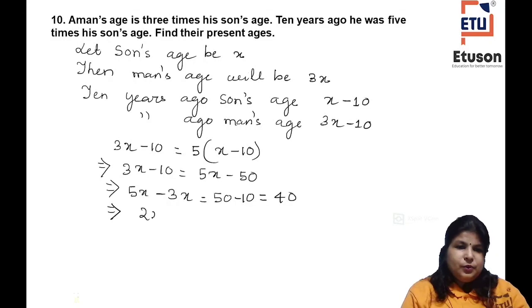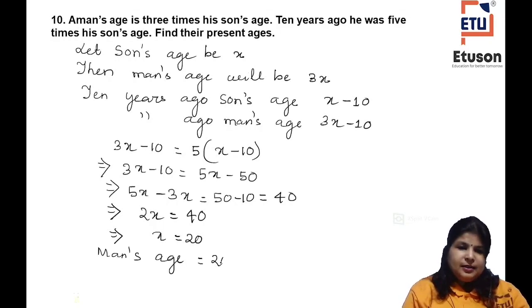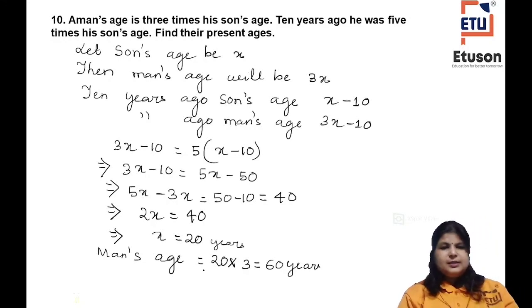So 2x is equal to 40. It implies x is equal to 20. So what about man's age then? So man's age is equal to 20 into 3, that is 60 years. Okay, so son's age is 20 years and man's age is 60 years.